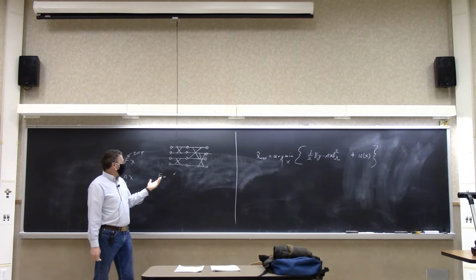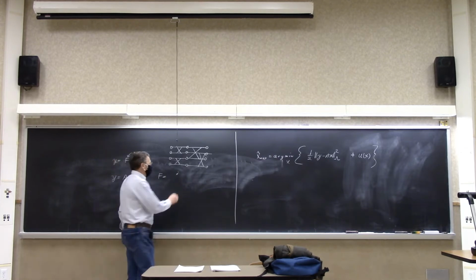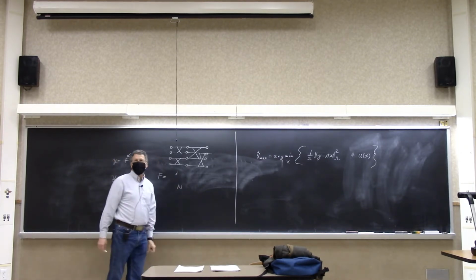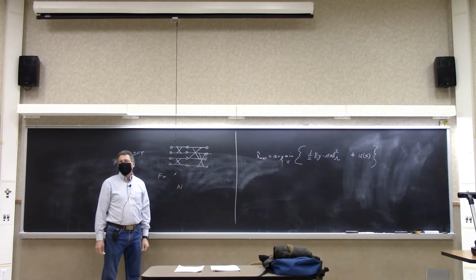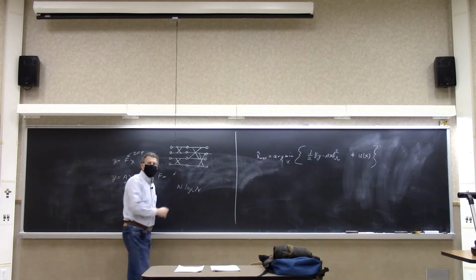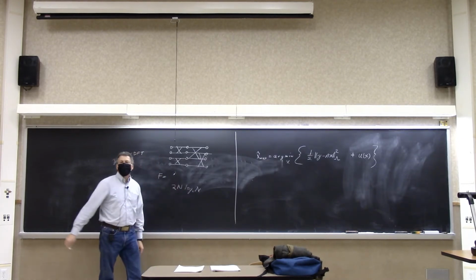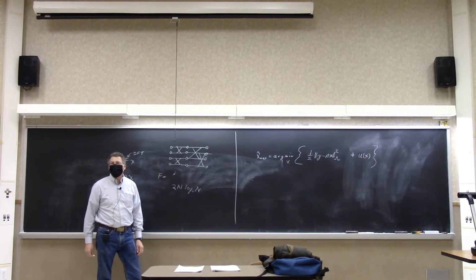So how many multiplies does an FFT really take? Does anybody know? If you have an N-point FFT, how many multiplies does it take, roughly? It's like N over 2 log N, where the log is base 2 of N. The reason is each layer of the FFT takes 2N complex multiplies.